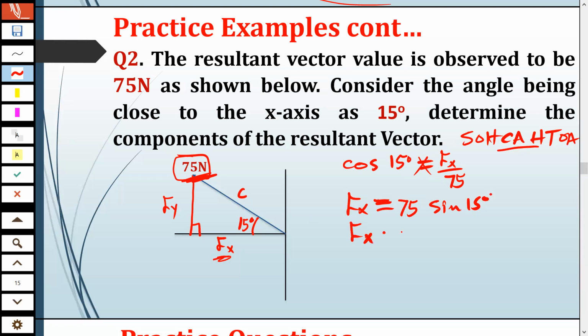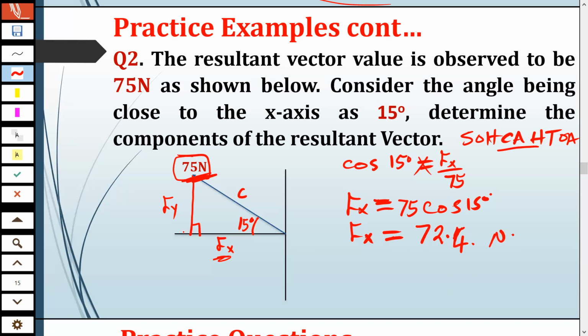Oh, sorry, I wrote sine there, it's supposed to be cos. So 75 times cos 15 gives us 72.4 newtons.